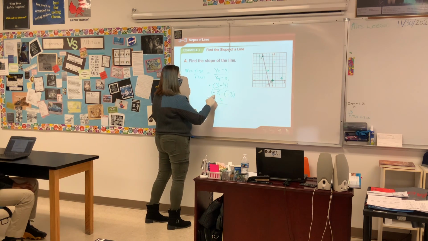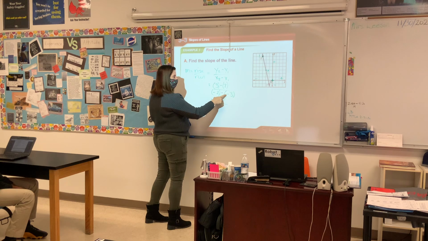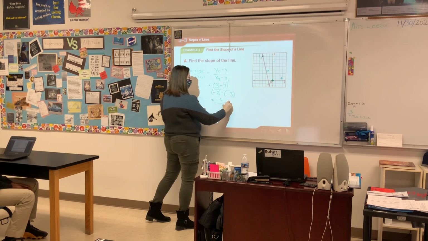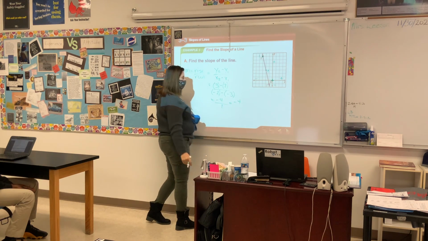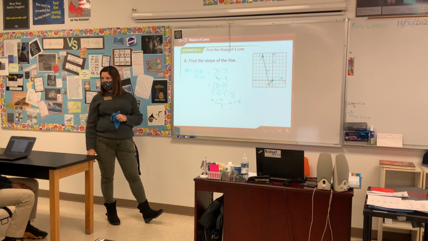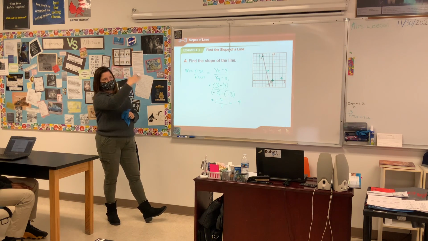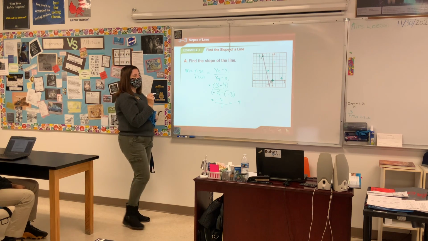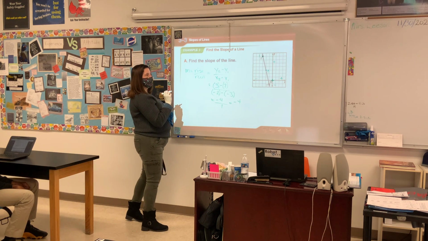Negative 4, negative 2, subtract negative, so that's like adding. That looks a whole lot better. So I'm left with, our slope is negative 4. Meaning it's going downwards: for every 1 in this direction, I'm going down by 4.